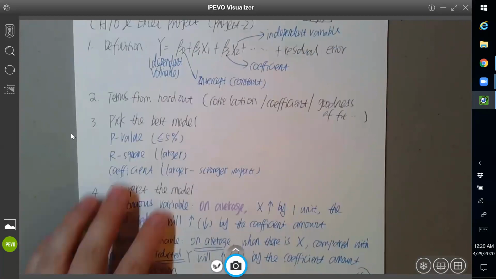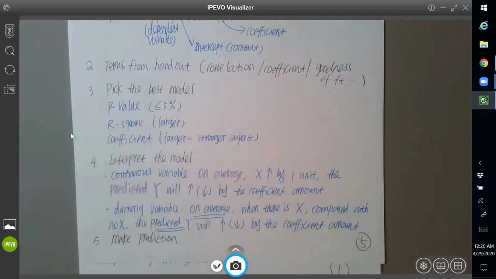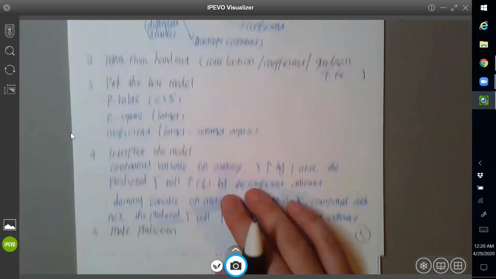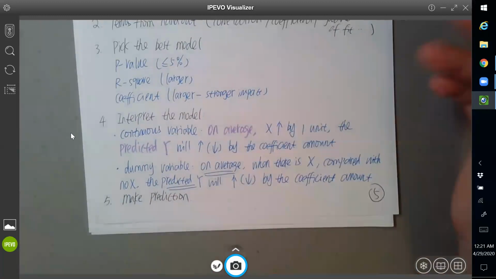Then we said, once you did the project, you should know how we get a better model. We look at the p-value, smaller is better. R square, larger is better, right? And for coefficient, we said the larger means stronger impact.